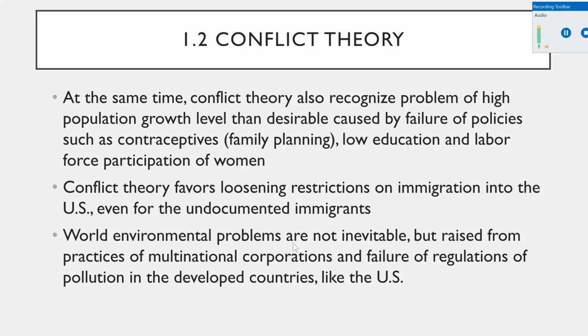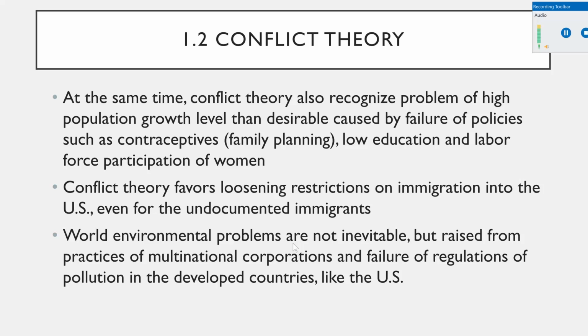Also, conflict theory favors loosening restrictions on migration into the U.S., even for undocumented immigrants, which is very controversial. And world environmental problems are not inevitable, but arise from the practices of multinational corporations and failure of the regulations.